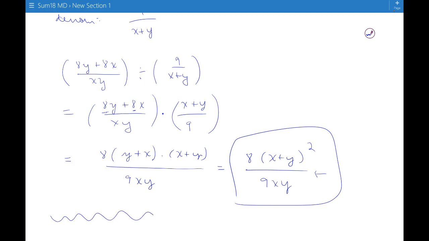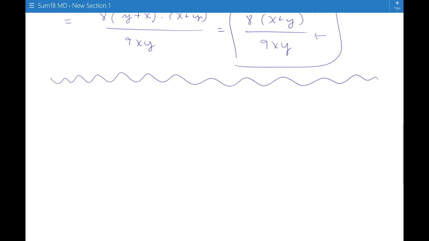Okay, so that's the end of the first way. The second way I actually prefer. It takes a little more algebra chops, so it's kind of up to you. Let me rewrite the problem again: 8x to the negative 1 plus 8y to the negative 1 over 9 times (x plus y) to the negative 1.